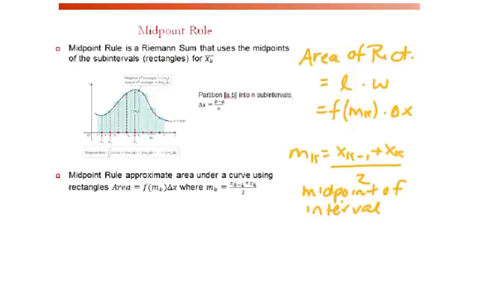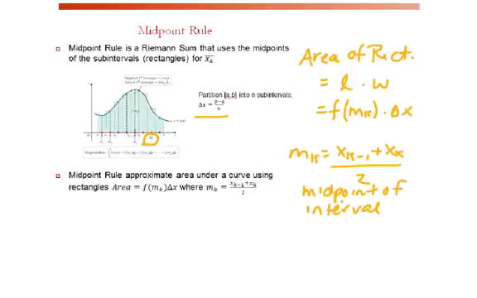So looking at the curve f of x, if you partition it into n subintervals, the width of the intervals is going to be found by subtracting, just as we did with Riemann sums, b minus a divided by n. So that's the width, delta x, of your subinterval.